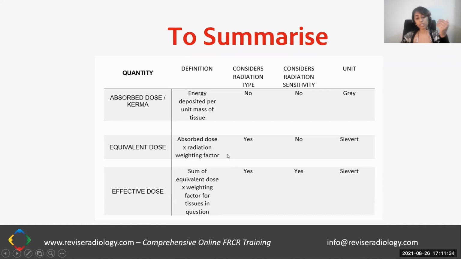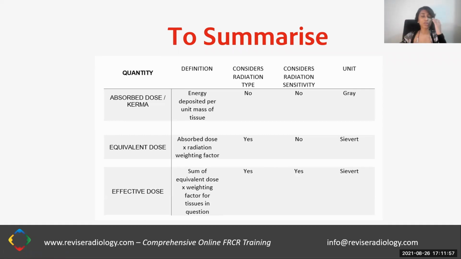The final quantity that we looked at was the effective dose, which is a summation of the equivalent dose multiplied by the weighting factor for the tissues in question. It considers radiation type and radiation sensitivity, and its unit is also sievert. So that's just a little background knowledge that we will keep in mind while we're going through the legislation.